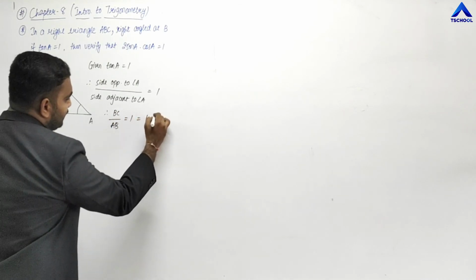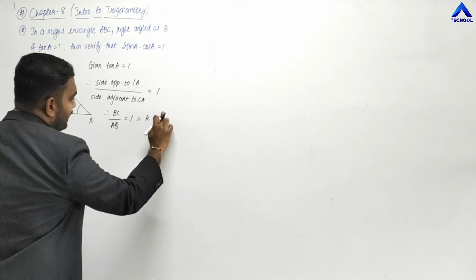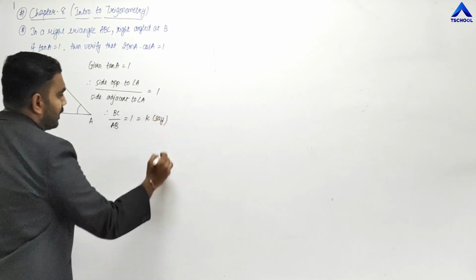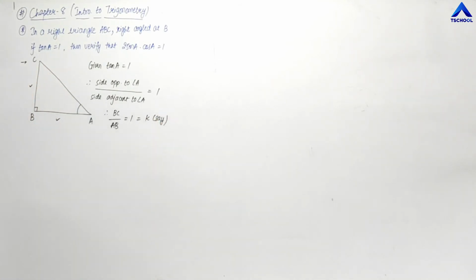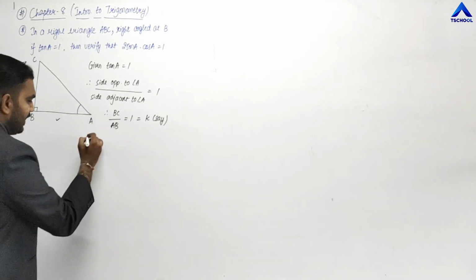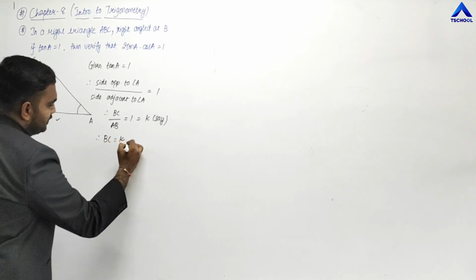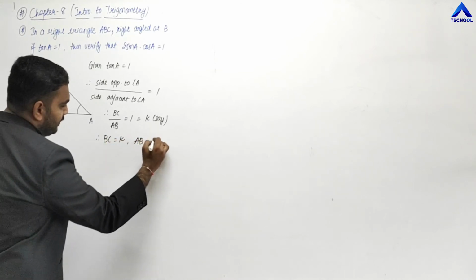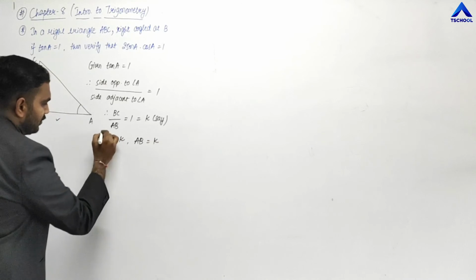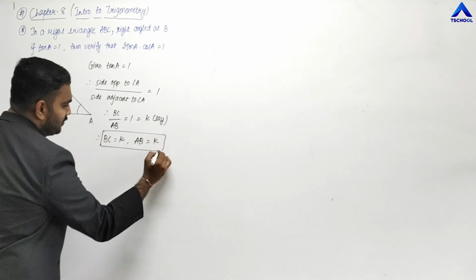Let us say that this ratio BC upon AB equals K. Therefore, we get BC is equal to K and AB is also equal to K. Why?